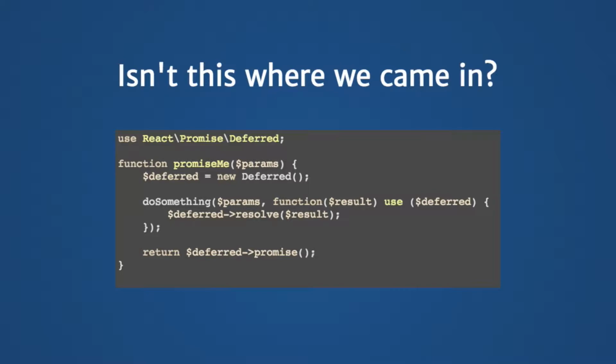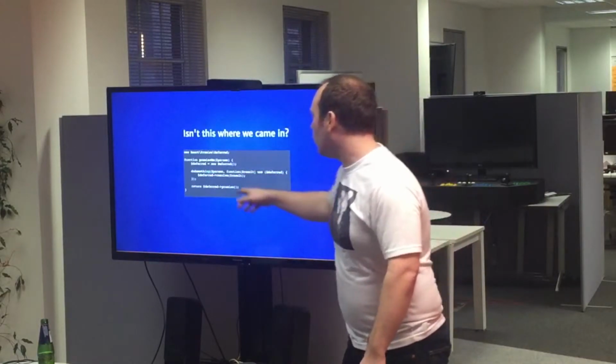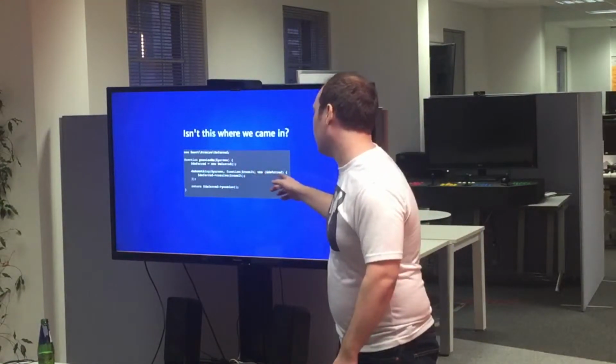This is where it starts to get a little bit funny, because we don't really have any primitives for handling asynchronous behaviour in PHP at the moment. You're still going to have to use some other kind of library that does all the integration with some kind of extension like libev to do this sort of stuff. But the basic idea is that we have this deferred object. You create a new deferred, you do something, and you're still going to have to use a callback.